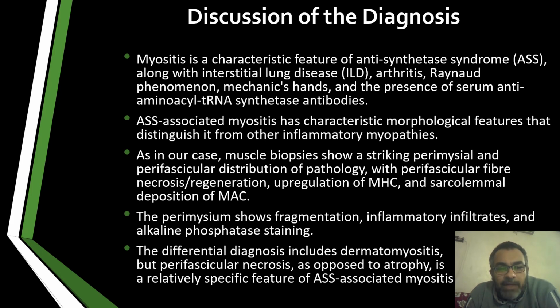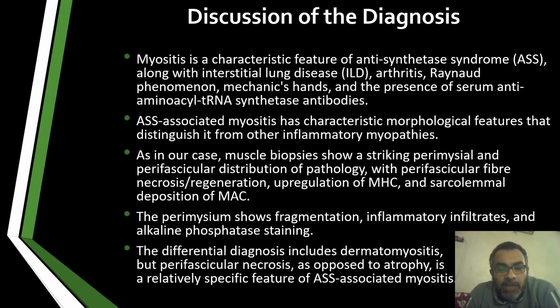As in our case, muscle biopsies show striking perimysial and perifascicular distribution of pathology, with perifascicular fiber necrosis, regeneration, upregulation of MHC, and sarcolemmal deposition of MAC. The perimysium shows fragmentation, inflammatory infiltrates, and alkaline phosphatase staining.